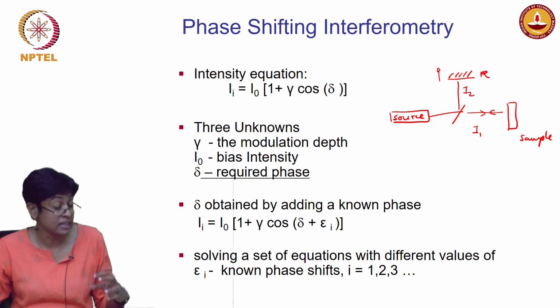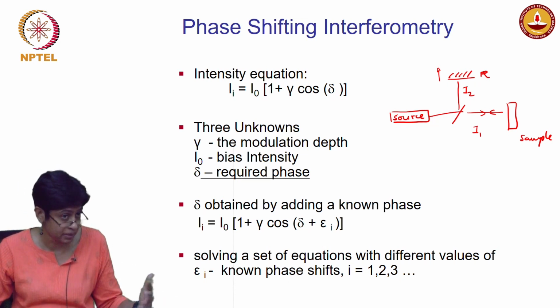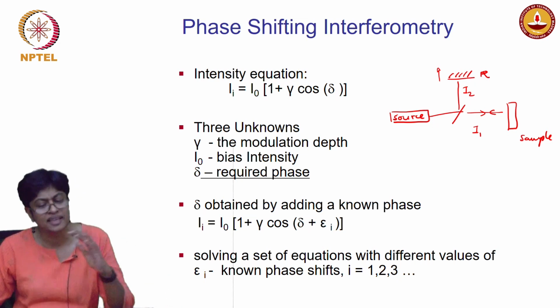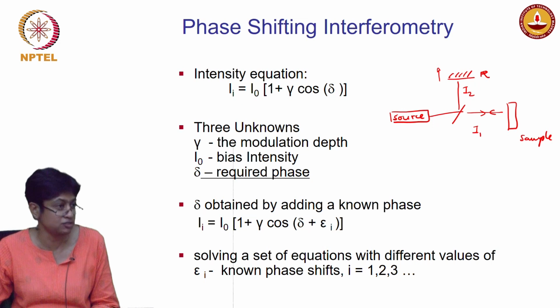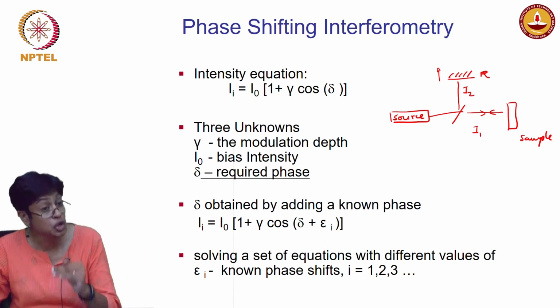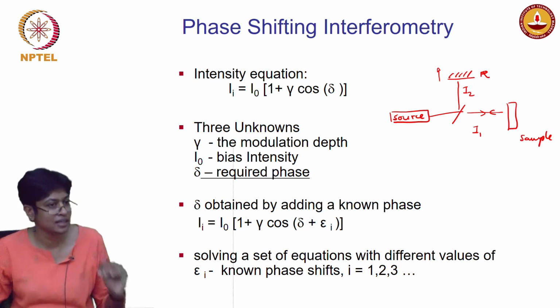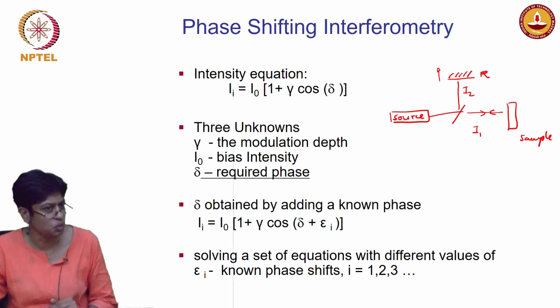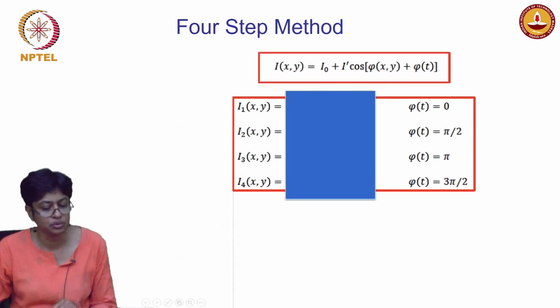There's no limit, I don't have to stop at 3, I can do more than 3, but I need at least 3 such measurements, and that's exactly the principle of phase shifting interferometry. You take a reading, introduce a known phase shift, take another reading, introduce another known phase shift, and you go on doing this. So, what does that allow you to do?